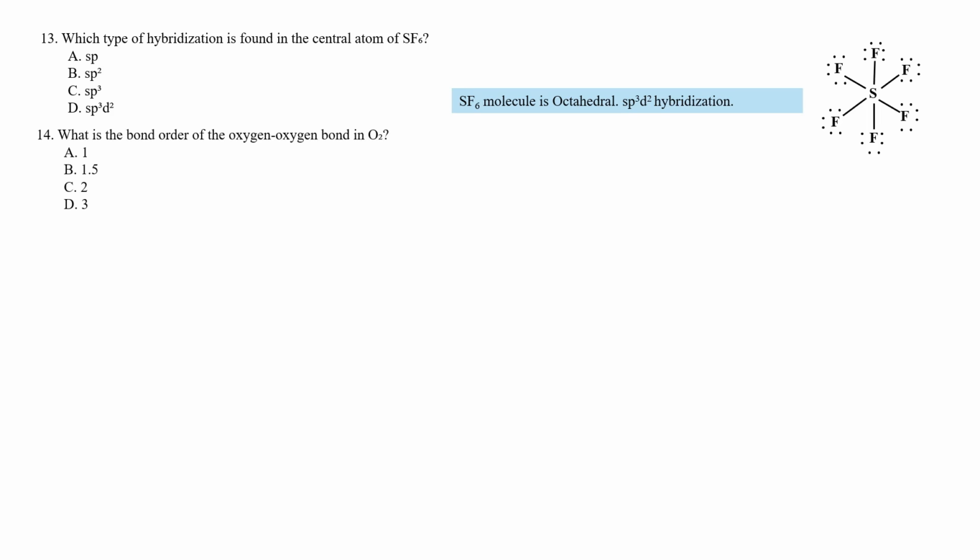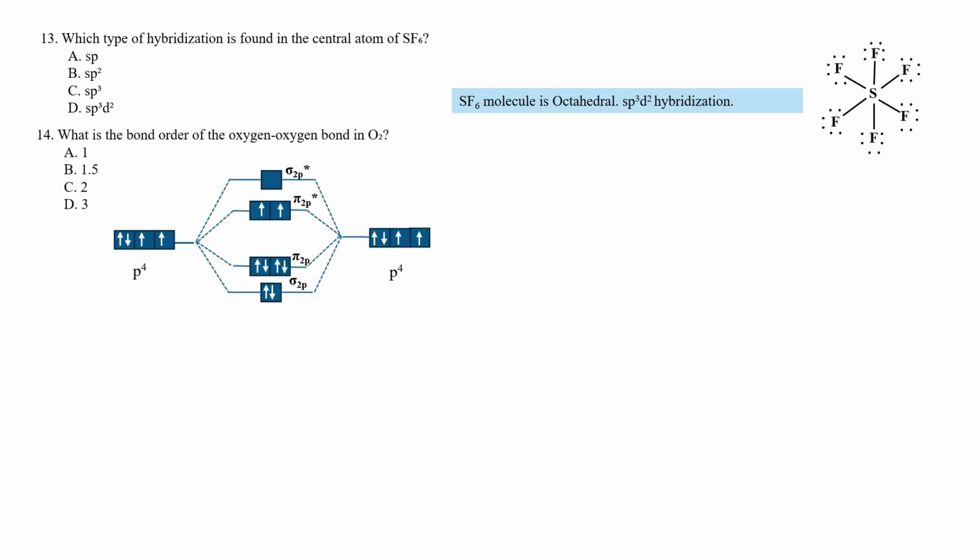Question number 40. What is the bond order of the oxygen-oxygen bond in the diatomic oxygen molecule? Molecular orbital diagram, only for the p electrons. One oxygen atom's electron configuration is 1s2, 2s2, 2p4. Another oxygen atom also has p4. If we add both together, the total is 8 electrons.